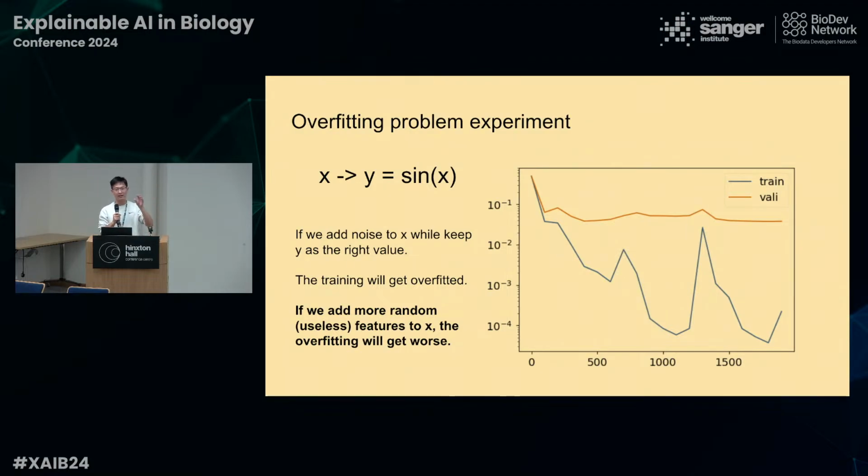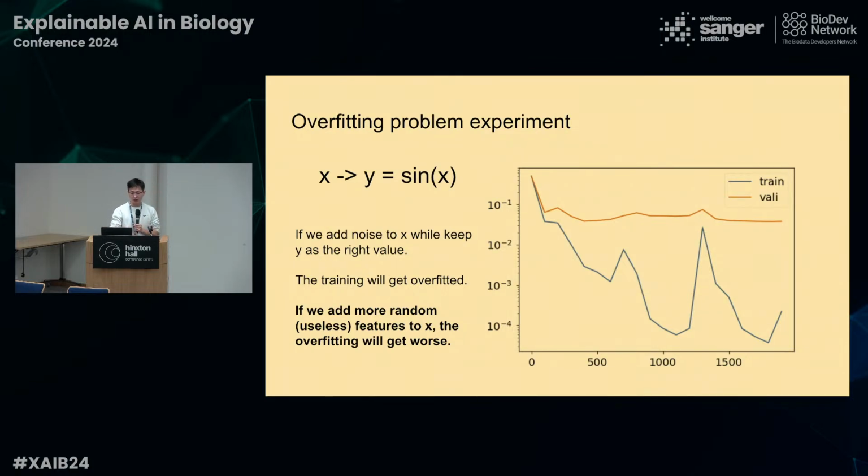We just need the model to predict the right y, but it gets overfitted on the training data, just giving the right answer instead of finding the knowledge behind it. The knowledge behind it is just sin x.